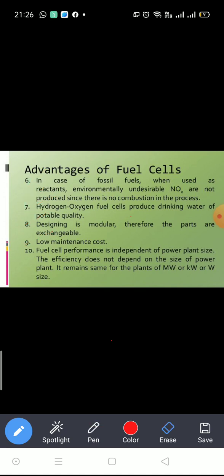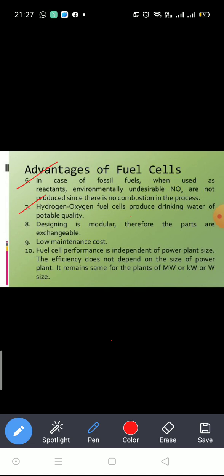Sixth point, in case of fossil fuel used as reactant, environmentally undesirable NOx are not produced. So nitrogen oxides are not produced. This cell also produces drinking water of potable quality.